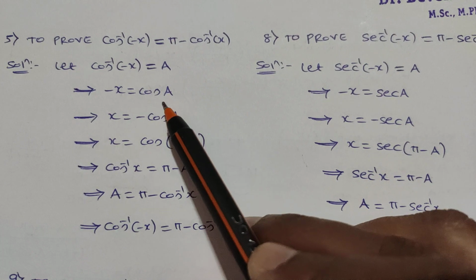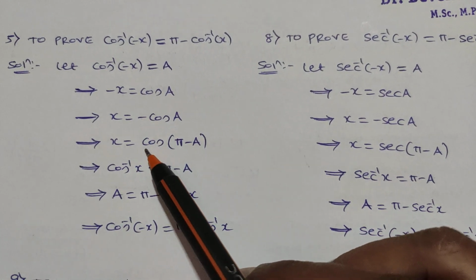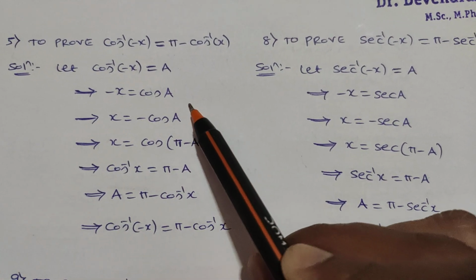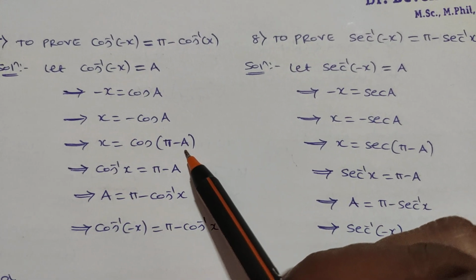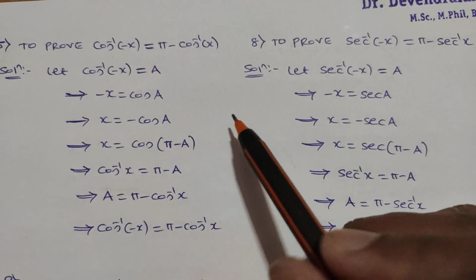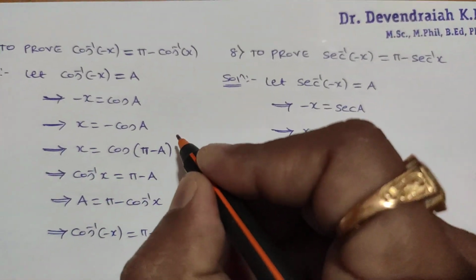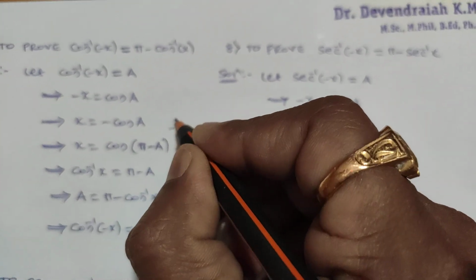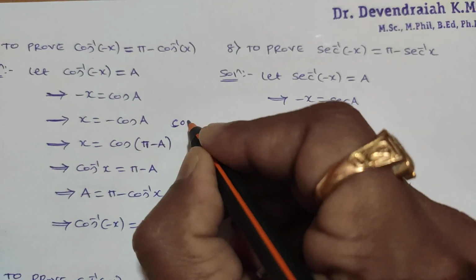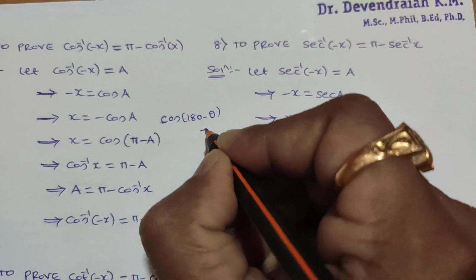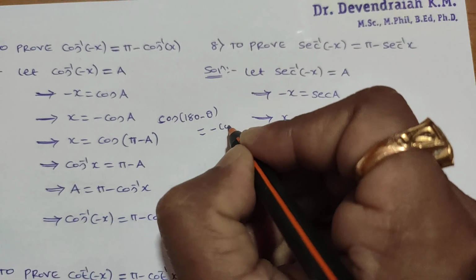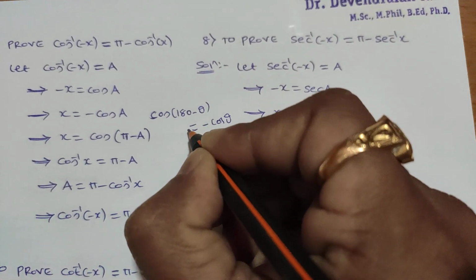So the point we require to remember here is minus cos a can be written as cos of 180 minus a. This is the property we have, because of the reason cos of 180 minus theta can be considered as minus cos theta.